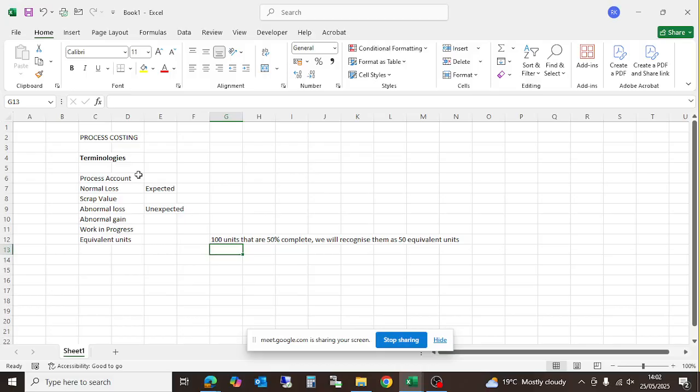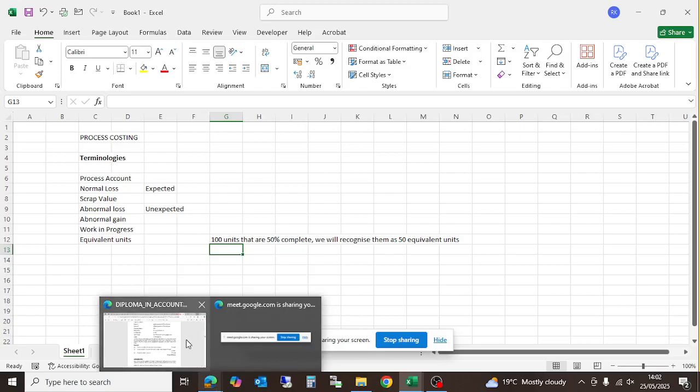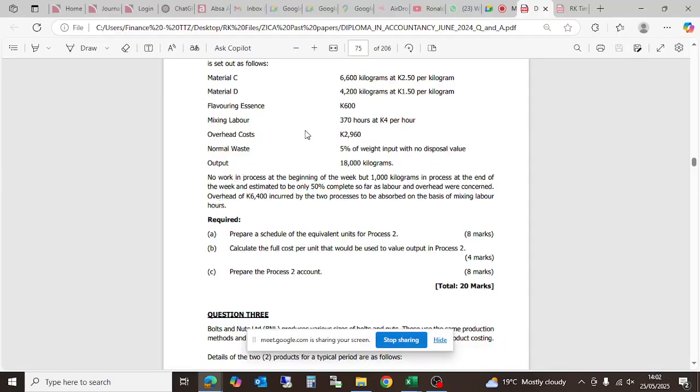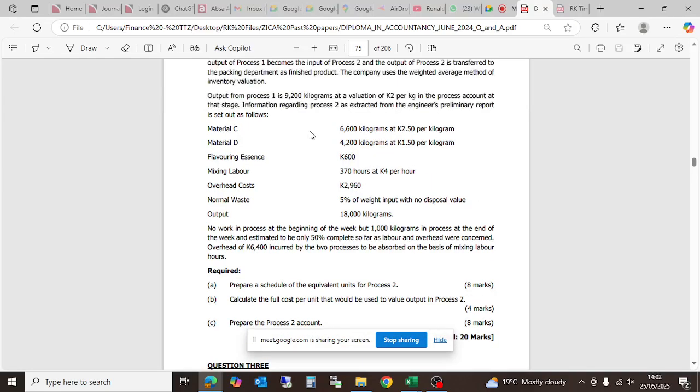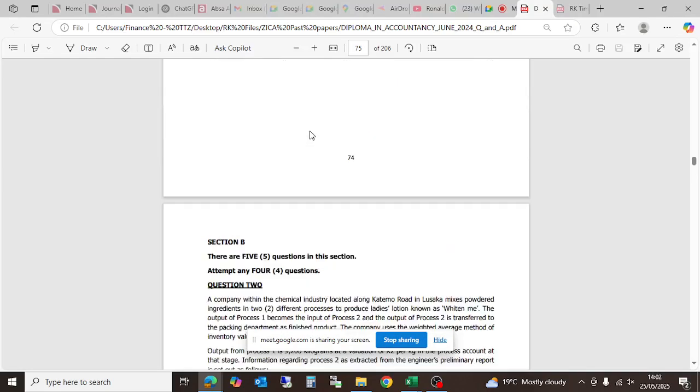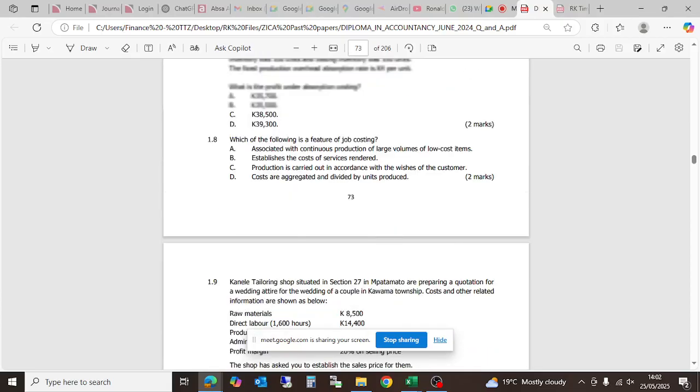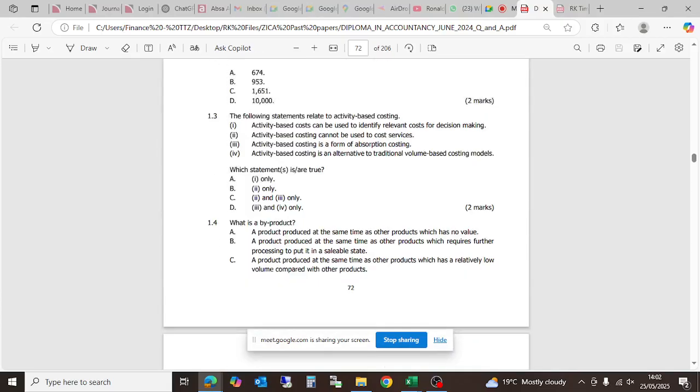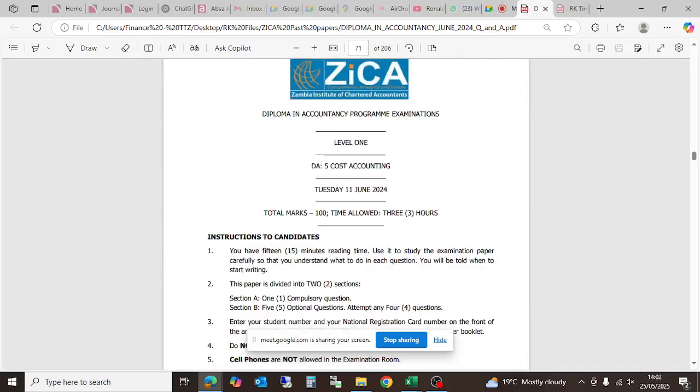Okay, all right. Let's go to a question. If you have this paper, you can open it. It's question two, but let me just show you the front page. It's DA5 Cost Accounting, written on the 11th of June 2024. It's the one we are going to solve. If you have it, you can open it. Do you have it?